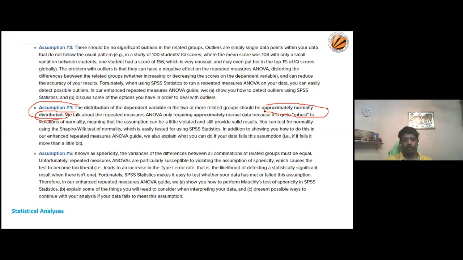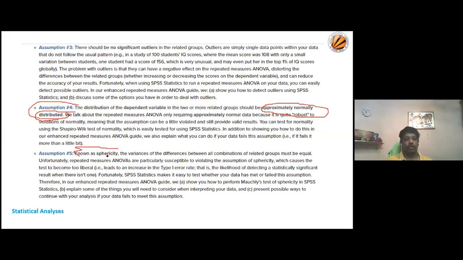It means that if your data is approximately normal, you are eligible to use a parametric test. So for your one-way repeated measures ANOVA, the data should be without outliers and normally distributed, and also satisfy sphericity.